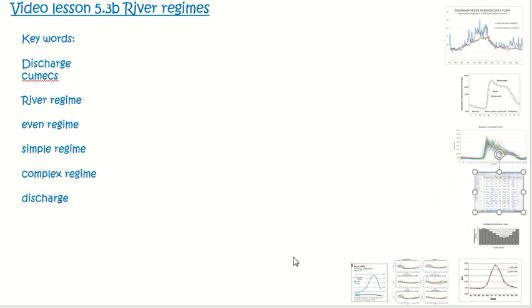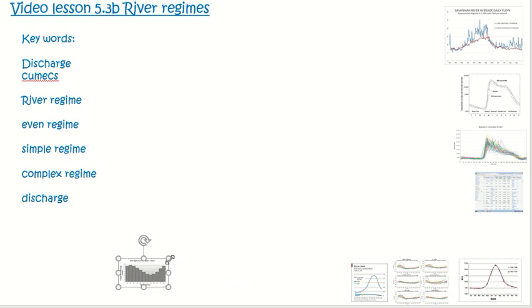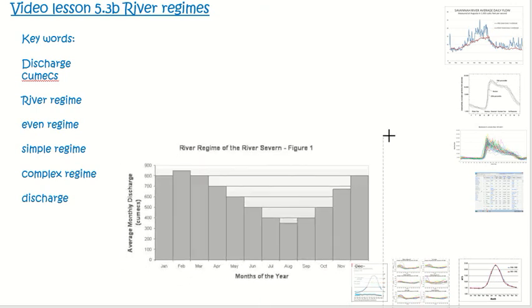Okay, folks, now 90% of the time, most of these river regimes will be shown as a line graph. Sometimes you might occasionally come across one as a bar graph, which is fine.